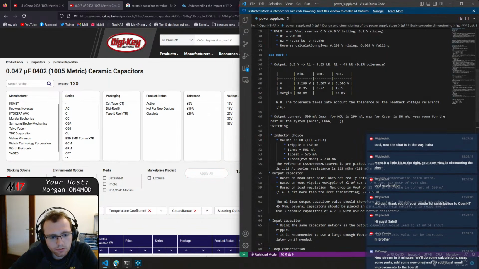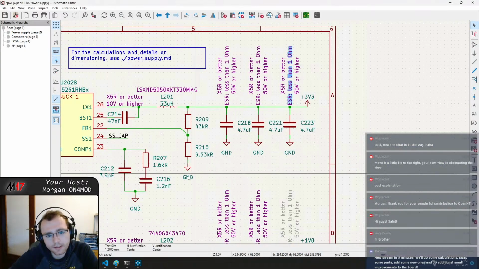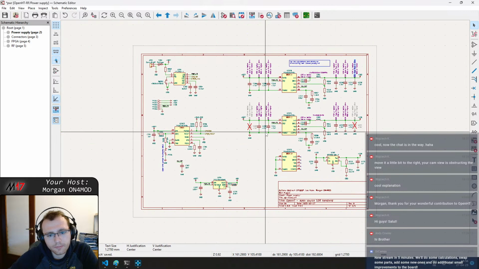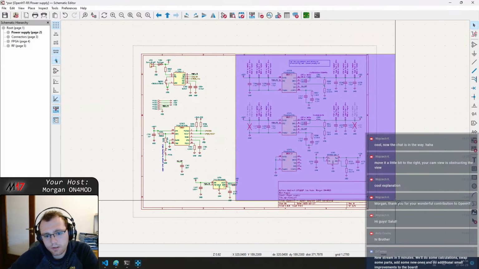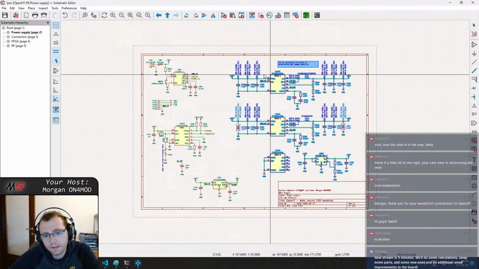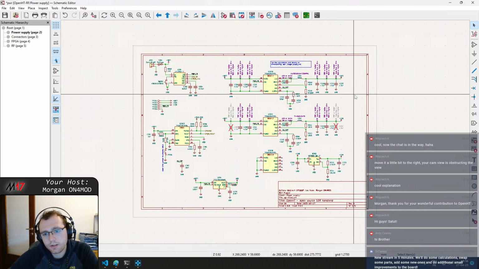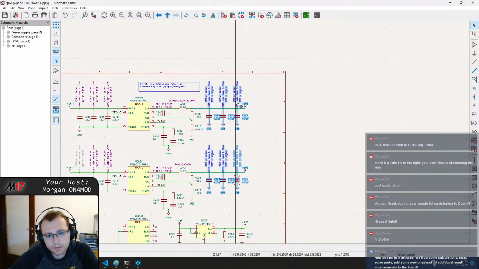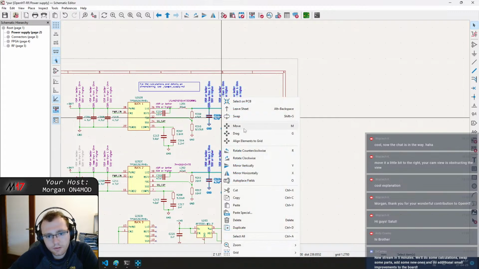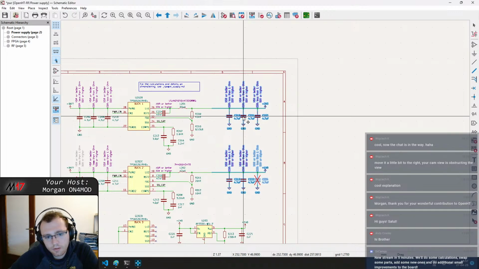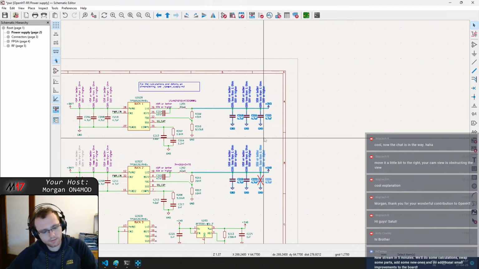And so now I must edit the schematic. Let's move that like this. Move this. Like that.